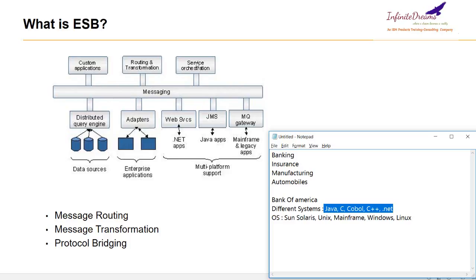Now I want integration between this process service and this web service. This process service I developed using .NET, and this web service I built in Java. In such a scenario, because both have different runtime environments, one has the Java runtime and the other the .NET runtime, how are these two systems and services going to talk to each other?